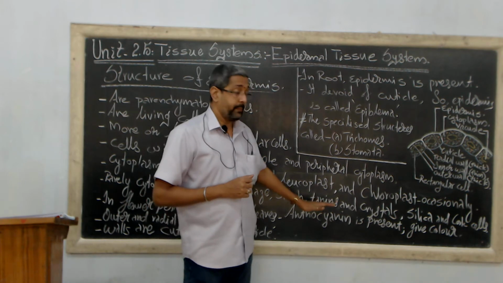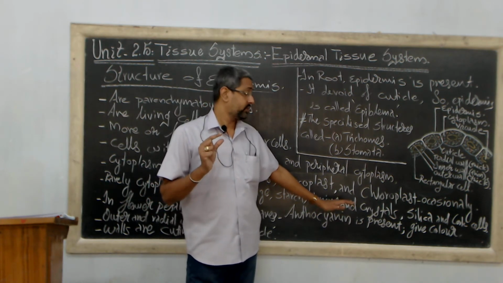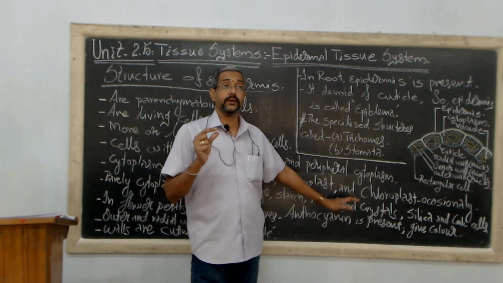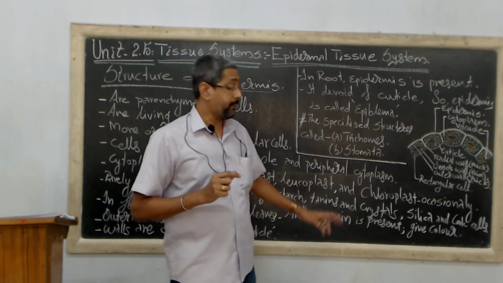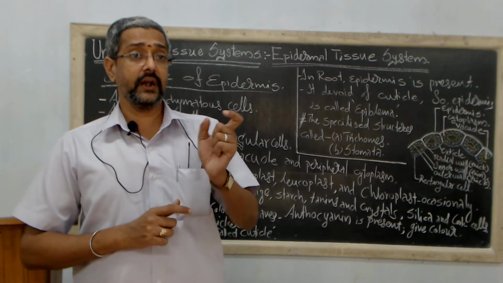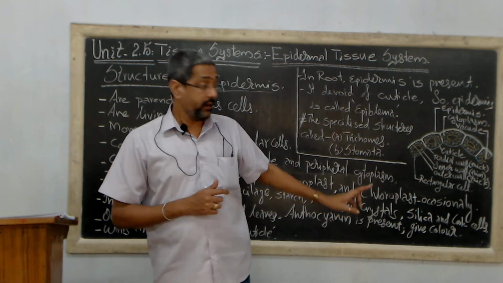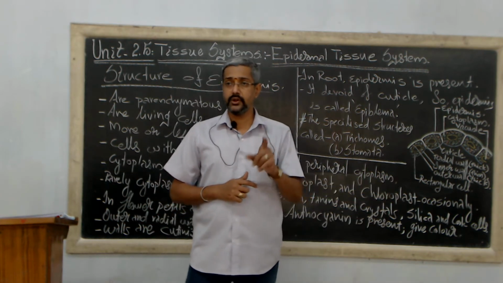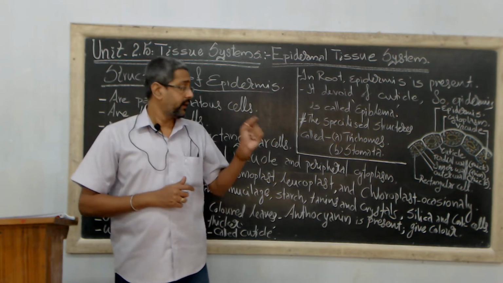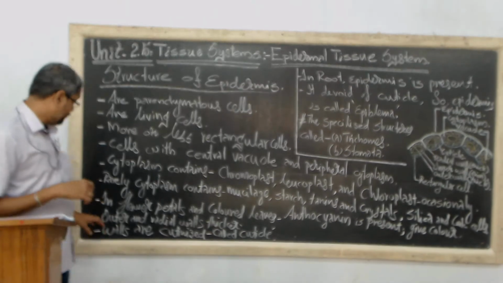So the epidermal cells are living, but in plants which show secondary growth in thickness and the formation of periderm, the epidermal cells become dead. Such dead epidermal cells are also visible in plants, and they are called cork cells. So epidermal tissue consists of living epidermal cells, and in some we can also see the formation of cork cells. Okay, coming to the next.